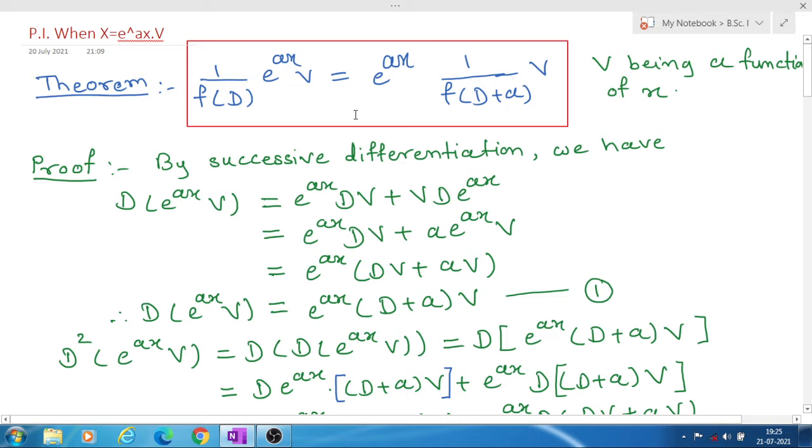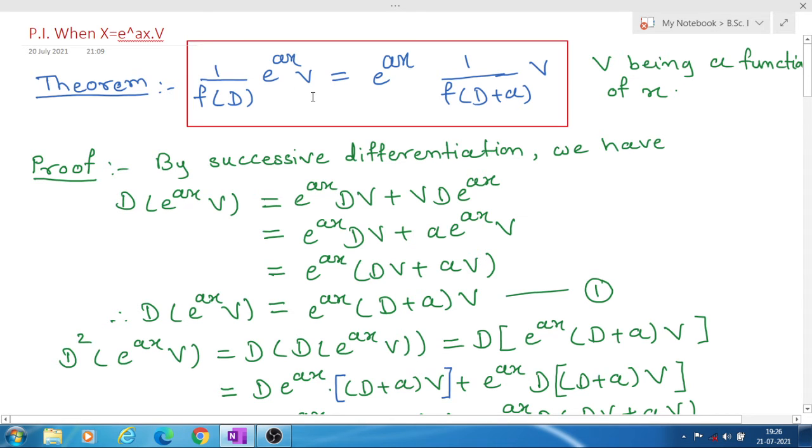Now in previous lectures we have seen how to find the particular integral when capital X is equal to e raised to ax, then when capital X is equal to sin ax or cos ax, then when capital X is equal to x raised to m. Now we see the PI for capital X is equal to e raised to ax into v.